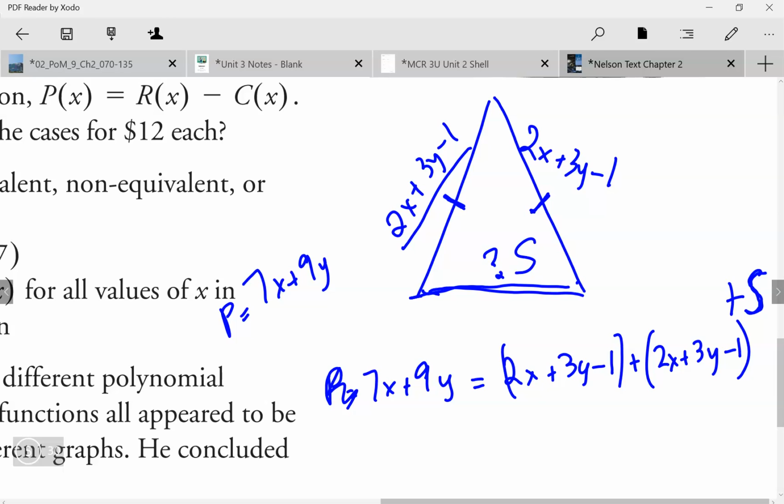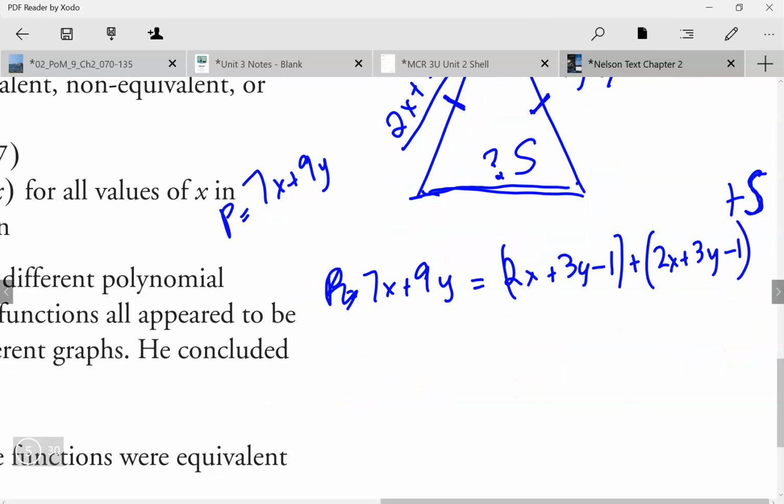I don't know what that side is, but it's going to be something in terms of x and y. So I'm just going to put a capital letter S for my variable there. And now I just expand. I just remove the brackets here because it's adding. 2x plus 2x is 4x plus 6y minus 2 plus S.